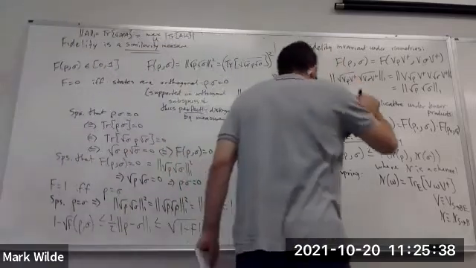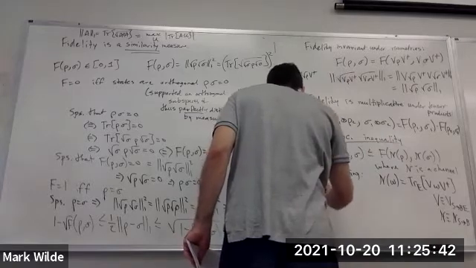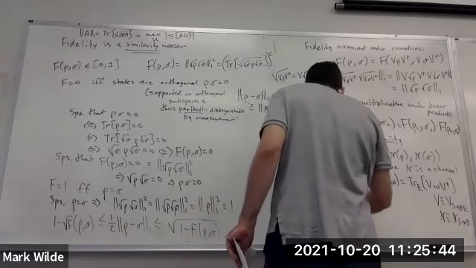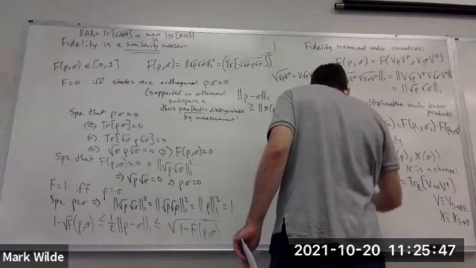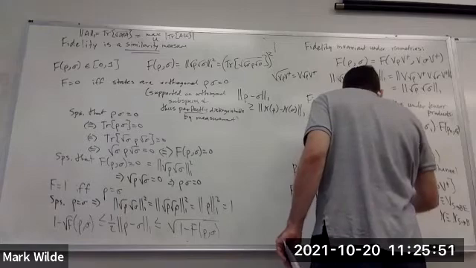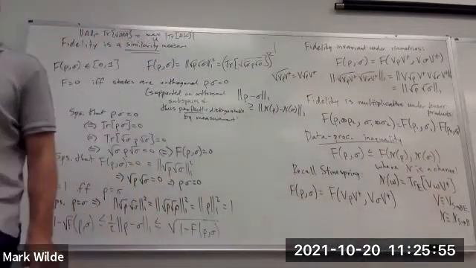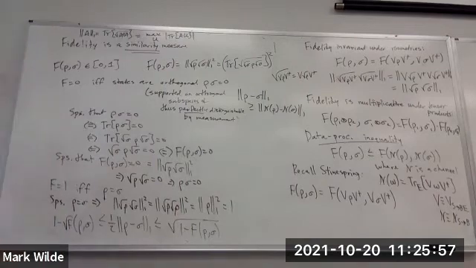If you use the isometric invariance, the fidelity of rho and sigma equals the fidelity of V rho V dagger and V sigma V dagger. And now, if we somehow had that fidelity does not decrease under the action of a partial trace, then we could conclude the statement.